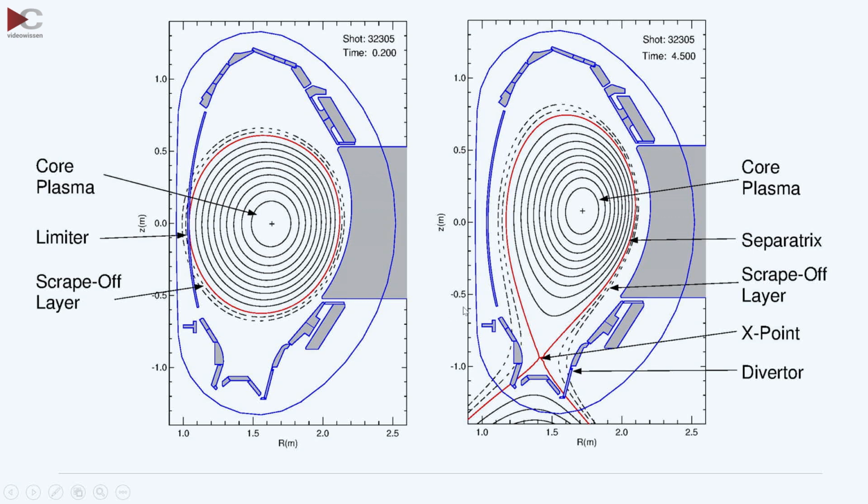So this is a great thing, and this is not only for the exhaust of heat but also of particles, because by baffling, by putting material structures, if you look again at this, there are material structures around, it means you can build up neutral pressure of neutral gas in the divertor region, which then efficiently leads to pumping, because what you pump with the pump is of course neutrals and not charged particles.